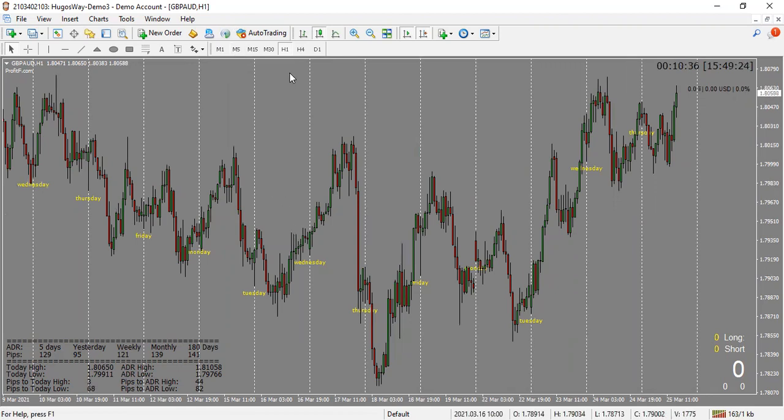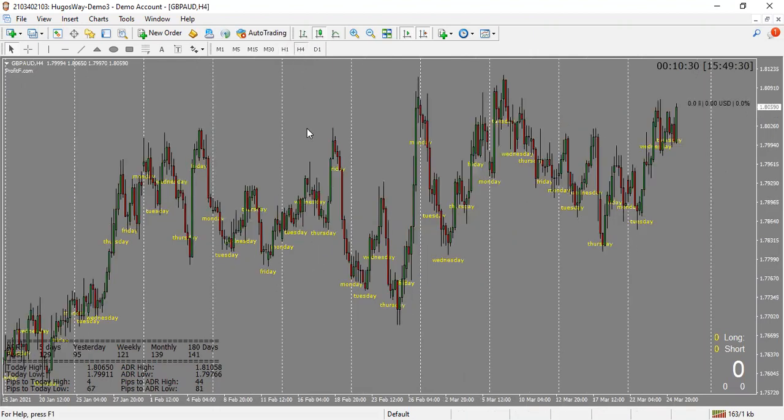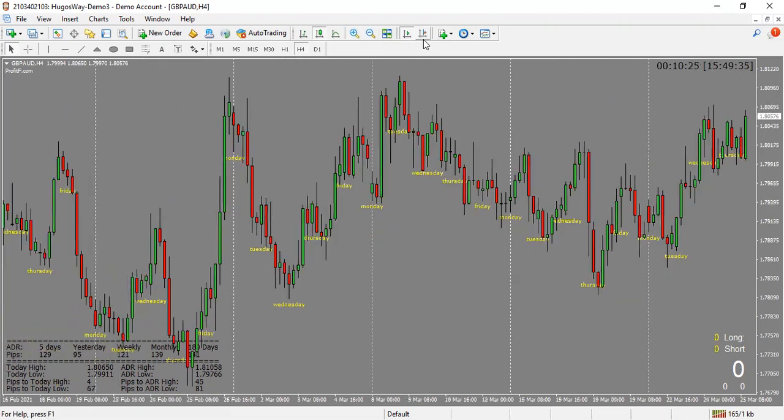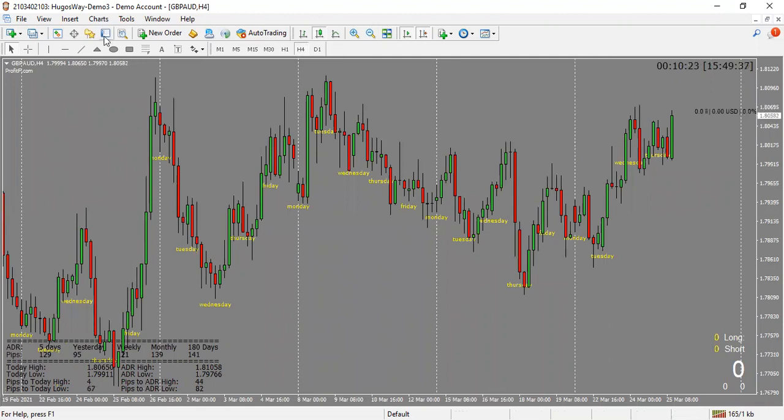Let me break down how to set your days up manually. First thing you want to do is go to the 4 hour chart. If you watch Start Trading with Confidence, you already know where I'm going from here. The bearish candle, you want to take it from where it opened at.